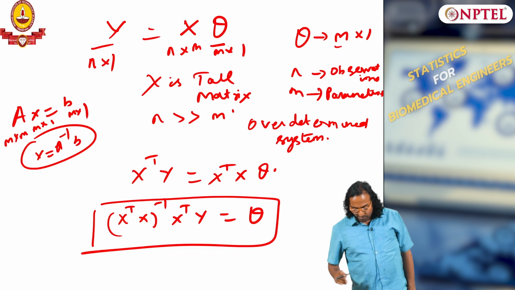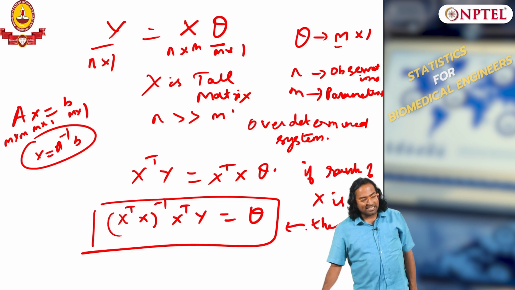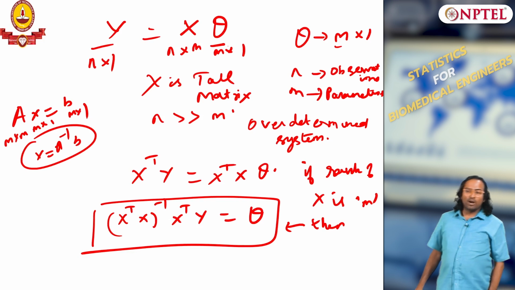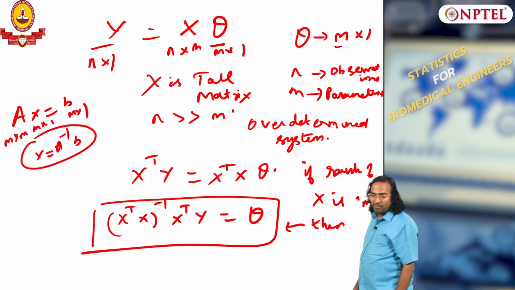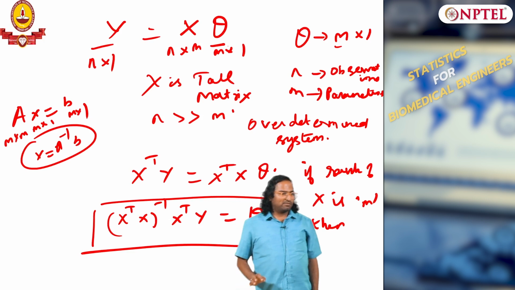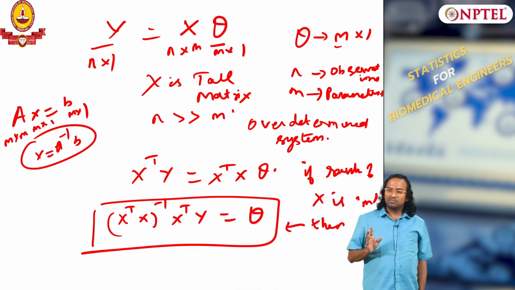So then what is the unknown theta? It is given by the inverse of X transpose X, times X transpose Y, because X transpose X is invertible.